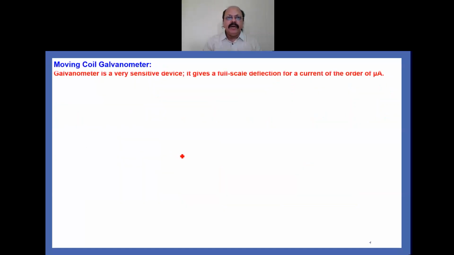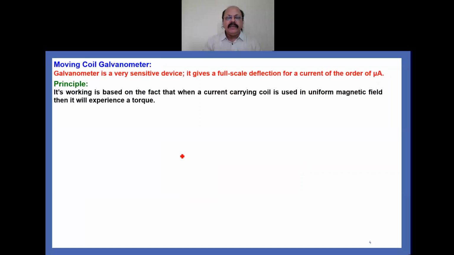For that purpose, again we say that a galvanometer is a very sensitive device. It gives full scale deflection for a current of the order of microamperes. As you have seen already, the zero on the dial is at the center, so the needle can deflect to the left side as well as to the right side. So that's why you can get the direction of the current.